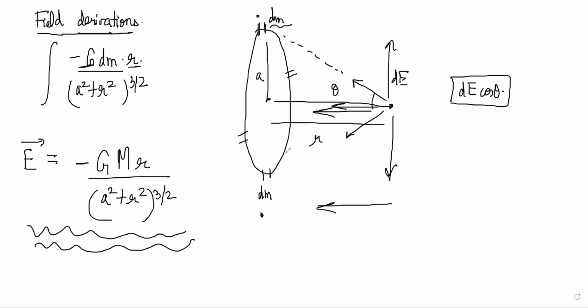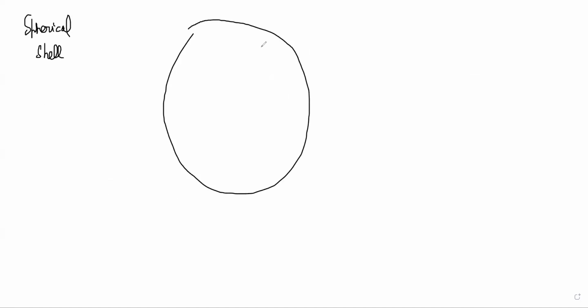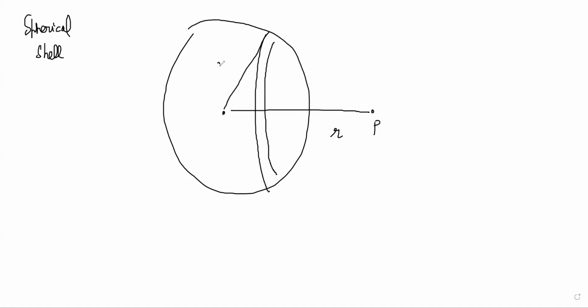Now we come to the spherical shell parts. Again, the whole setup is the exact same setup. You have a ring like this, right? Point is somewhere here. The distance here is r. The radius here is a.